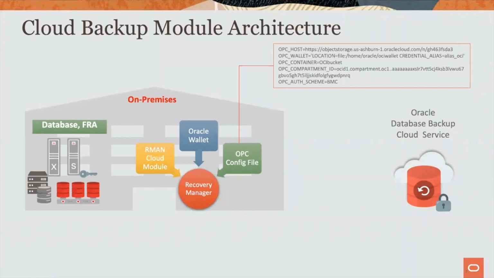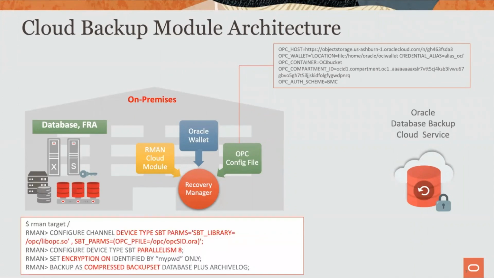This also downloads the SBT library that is then used by RMAN. When you run the installer, you can specify the location where you want your library to be downloaded to.